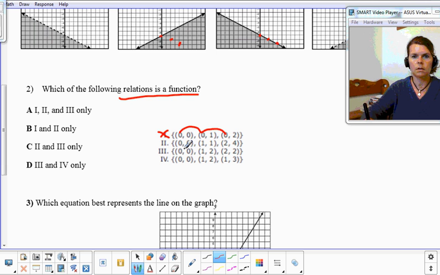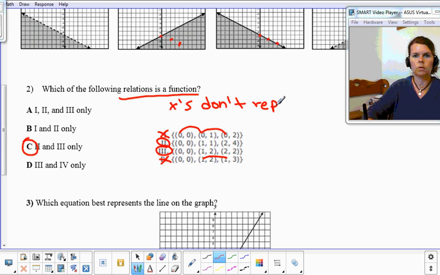This, oh, the x's aren't repeated, so this is a function. Here, x's aren't repeated, it's a function. And the last one, the x's are repeated, it's not a function. So the answer is 2 and 3. So x's don't repeat for a function.